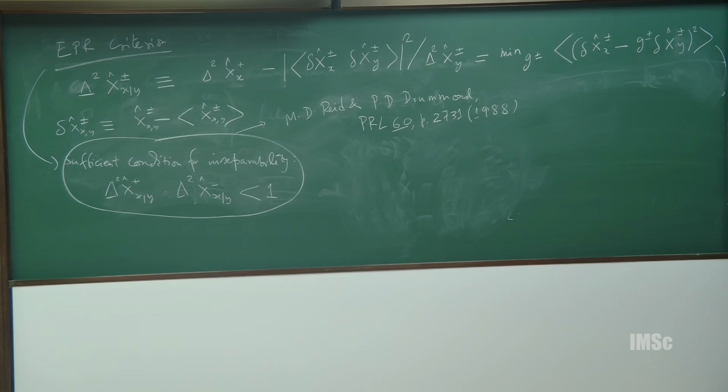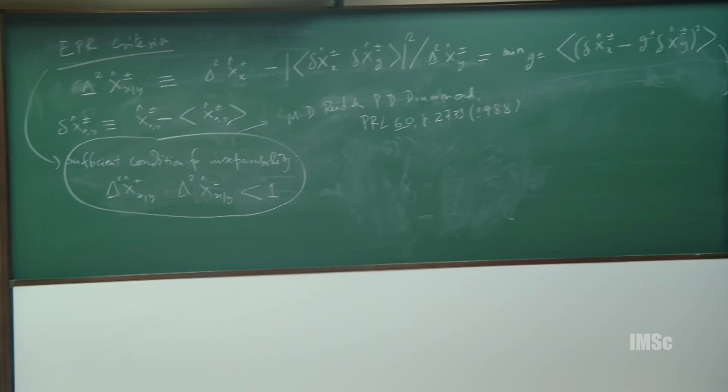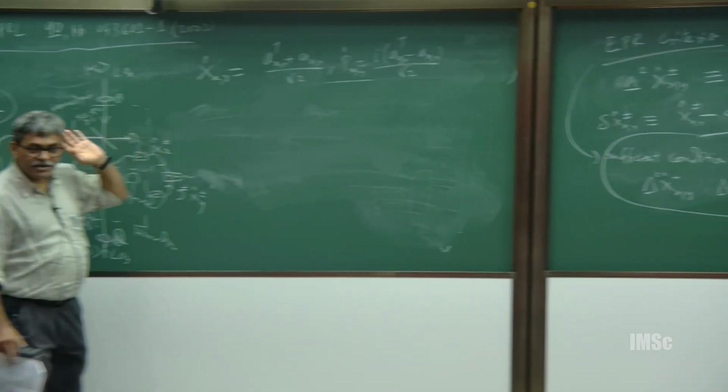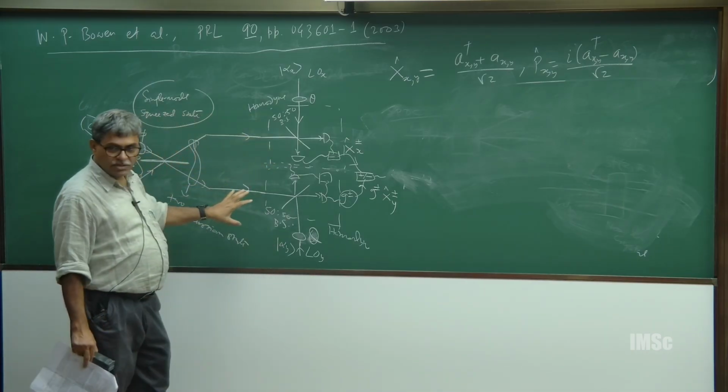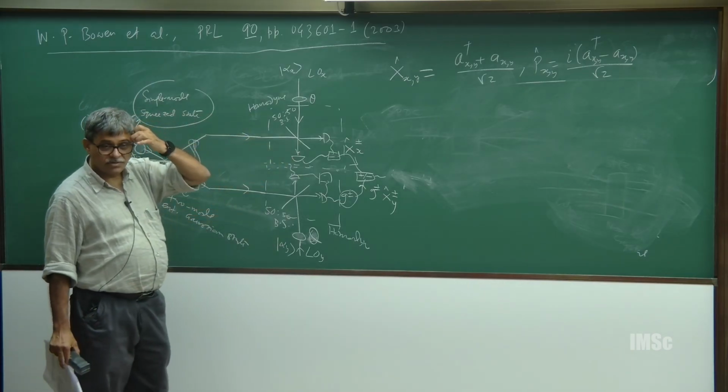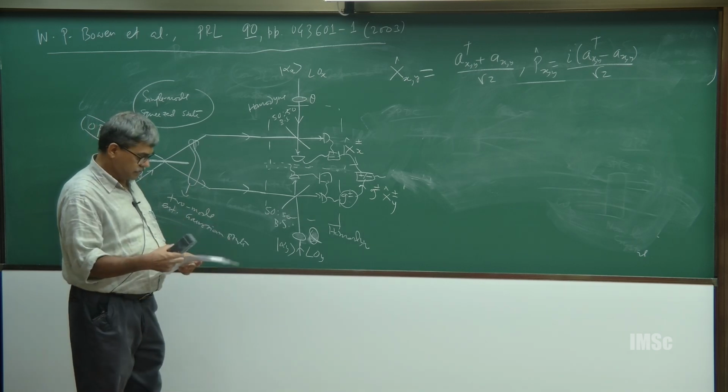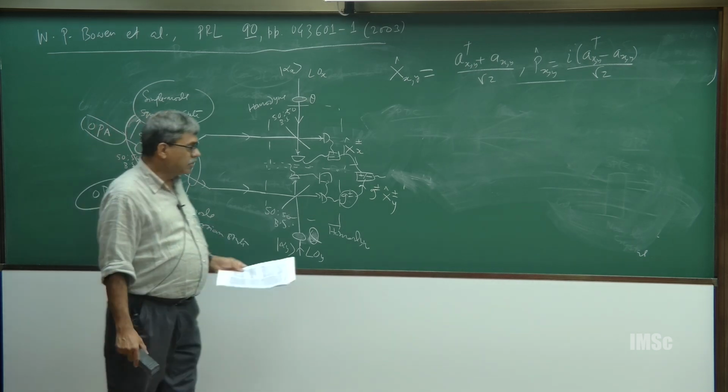Now, one can also introduce losses to check the robustness of this criteria, like maybe for an initially 2 mode Gaussian entangled state this condition will be satisfied, but if I introduce some kind of noise locally, it may get violated. So, that is a possibility.